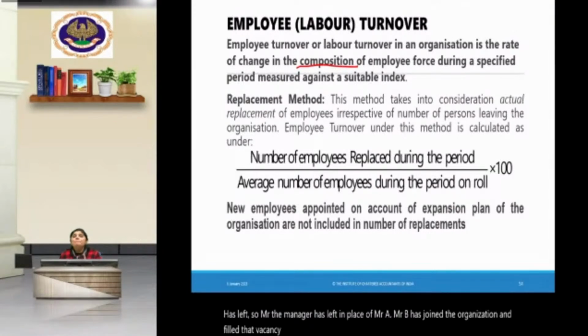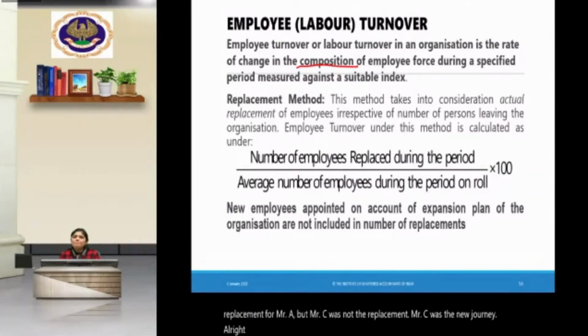That is a replacement. And for example, now the organization feels that there should be two managers. So Mr. C was also recruited. That means Mr. B was the replacement for Mr. A, but Mr. C was not the replacement. Mr. C was the new joinee. All right.